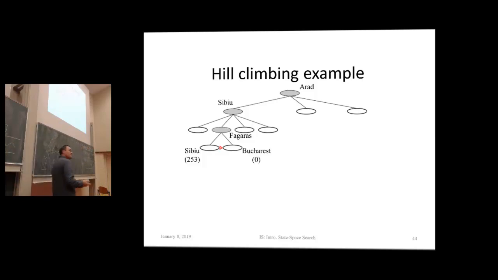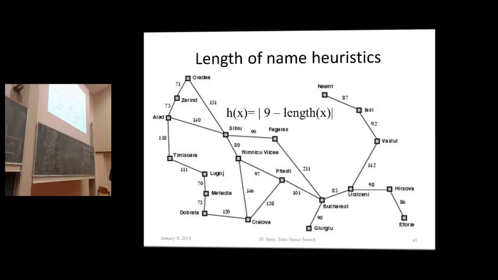So hill climbing is very efficient in many cases, and it's the basis for many very interesting and good algorithms. But by itself, it can really lead you up the wrong hill, and then you sit on a hill without finding the solution. So if you use, for example, a very stupid heuristics, the length of the name heuristics, don't ever try to navigate through a country by this heuristics. It might well end up that this is the one that you would go first.